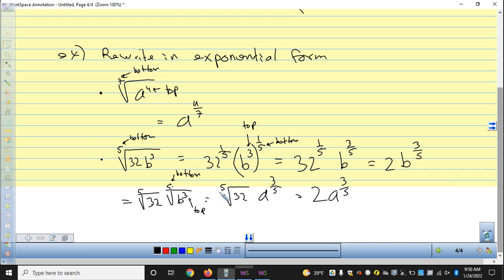Taking the 5th root is the same as doing the 1/5 power. The process of doing your calculator is a little different. All right, questions?